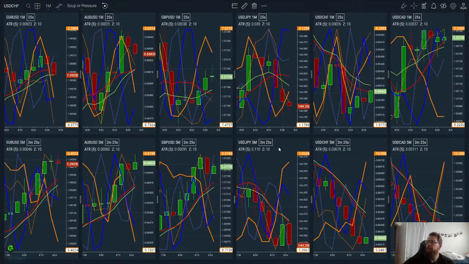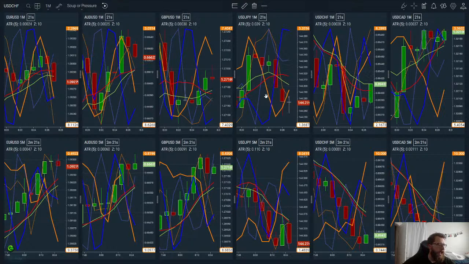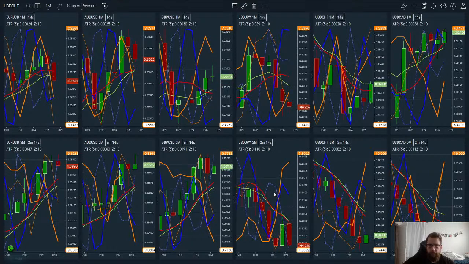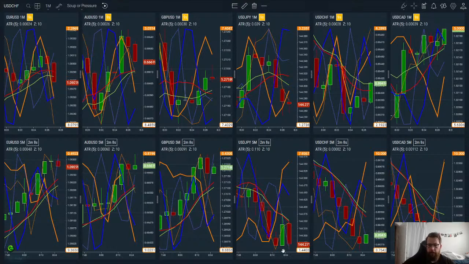Getting all sorts of interesting things happening here. Okay, I think what I want to see happen is for this to close underneath the bodies of these candles, this thick orange to kink down.